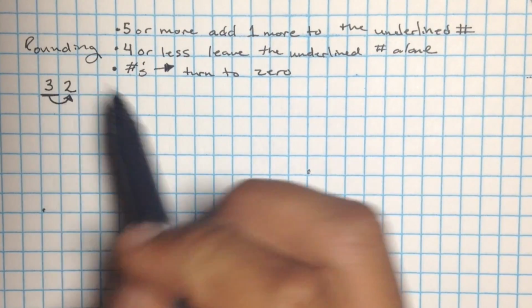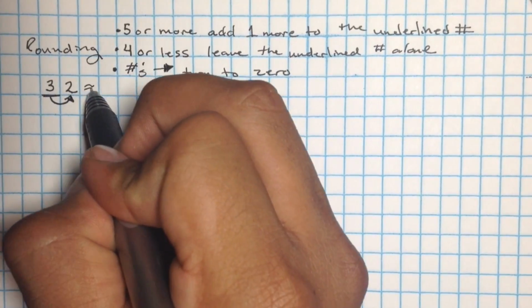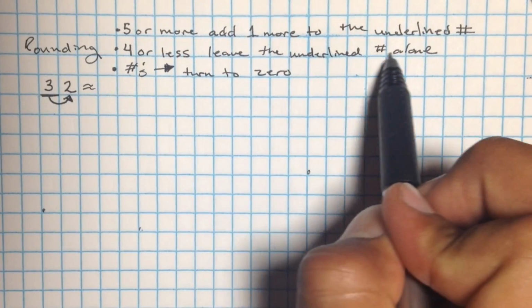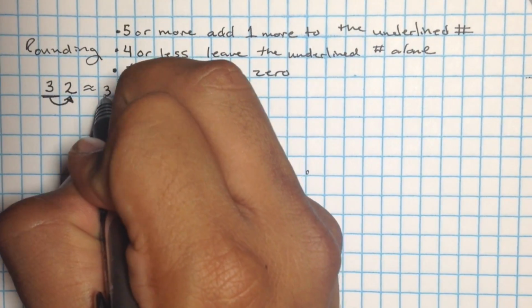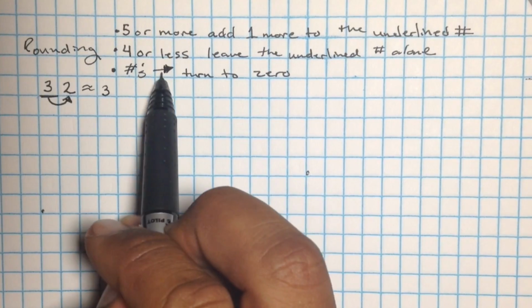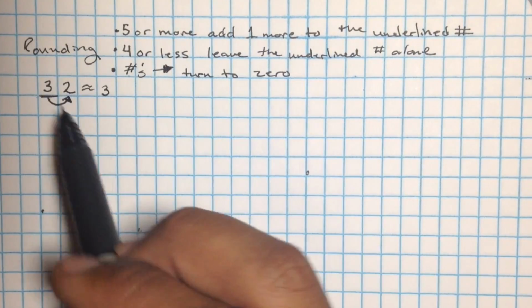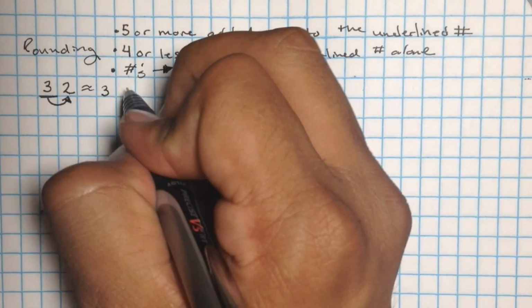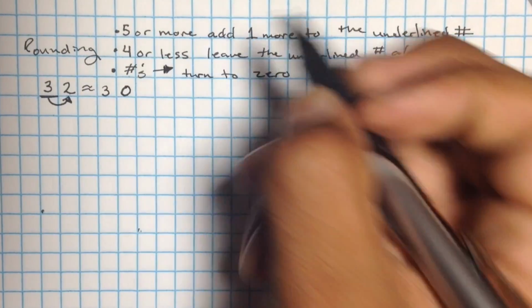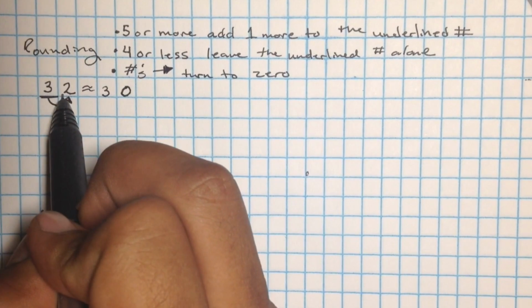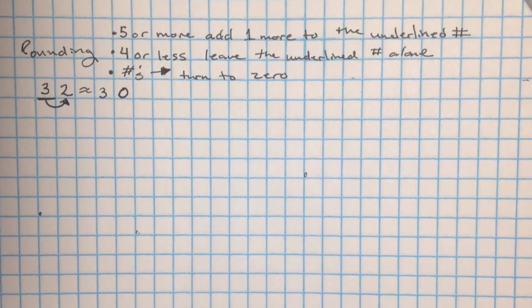So that means this 3, that number, we leave it alone. So it stays a 3. All the numbers to the right turn to 0. Well, there's only one number, it's that 2, so that number 2 turns into a 0. So 32 is about 30.